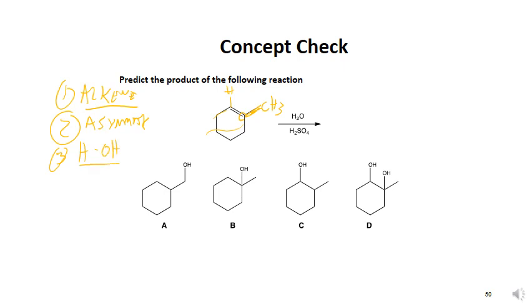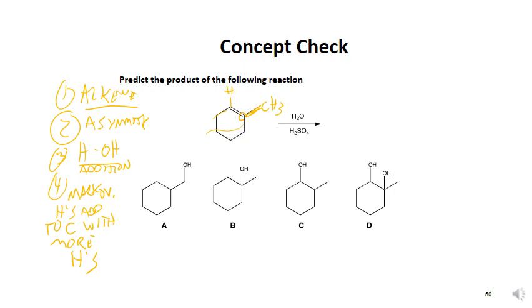HOH is what water is going to add onto the double bond, and you have to do Markovnikov, which means H's add to the carbon with more H's.